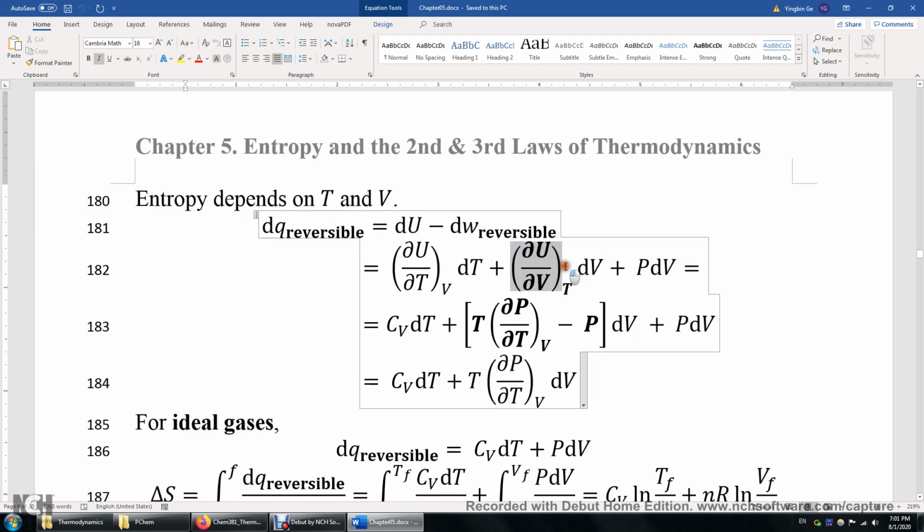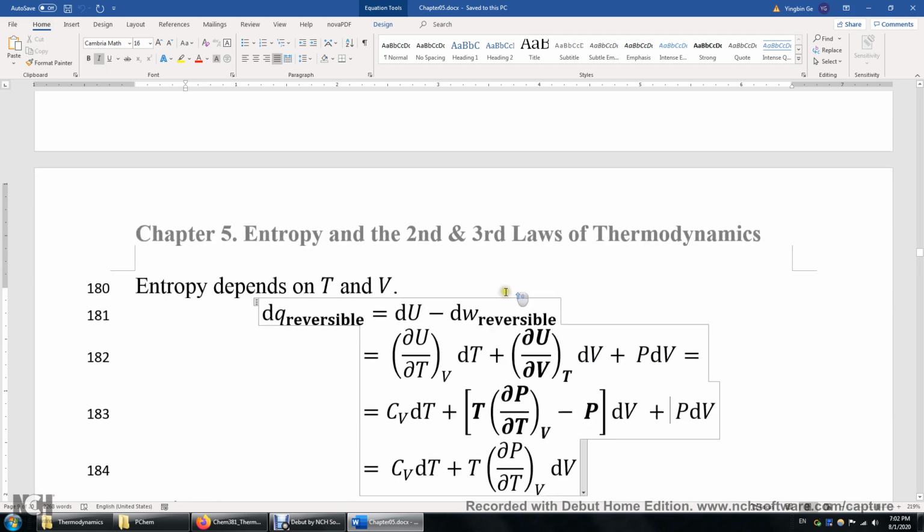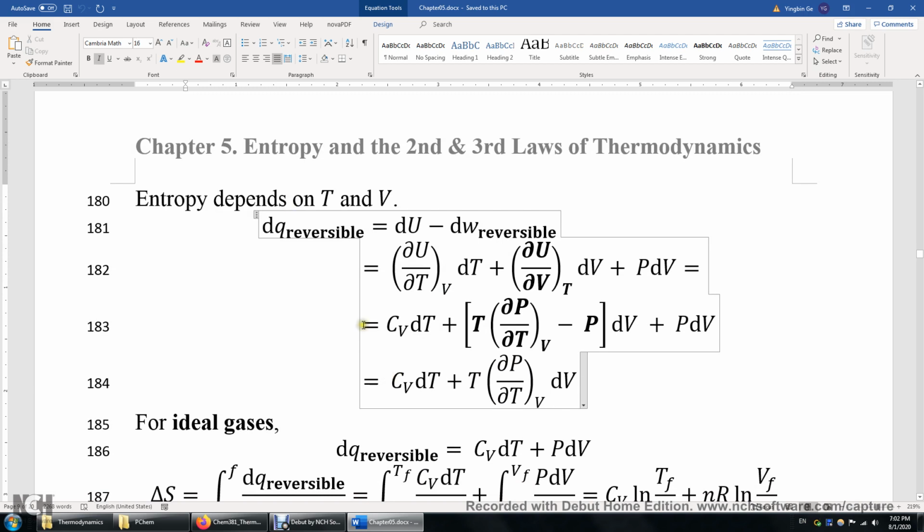Now this one is the internal pressure. The internal pressure can be expanded into T partial P over partial T minus P. We can prove this after chapter 6. Now this negative PdV and positive PdV cancel. We have the result here. dq reversible is CvdT plus T times partial P over partial T times dV.